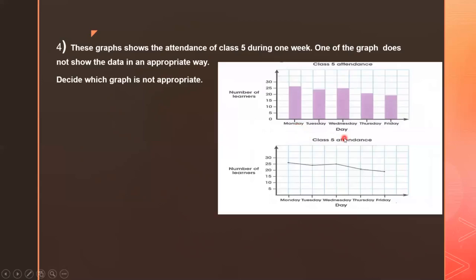On the x-axis, day, and on the y-axis, number of learners. Days are correctly mentioned on both the graphs, and even the y-axis marking seems the same. Everything is the same. The only difference is both graphs are different types. This is a bar graph, and this is a line graph.